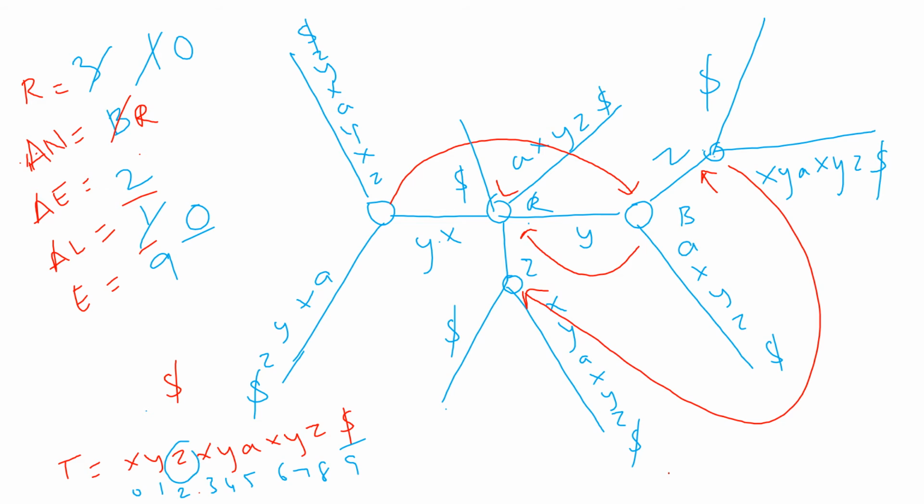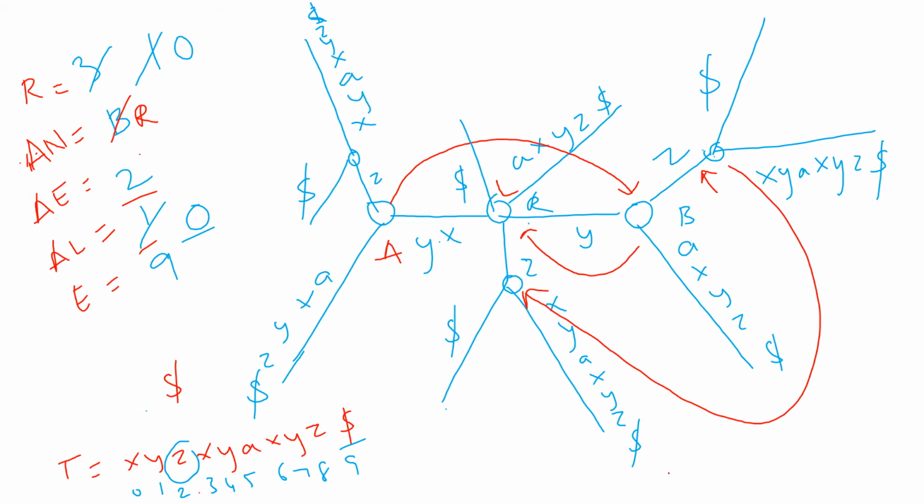Sorry, here I missed one. When we jumped from node A to node B, we created a dollar symbol here. I forgot to add that one. Wait, so I'll have to erase this one. Here I create another internal node. Here I added dollar previously, and here X, Y, A, so X, Y, Z, dollar.